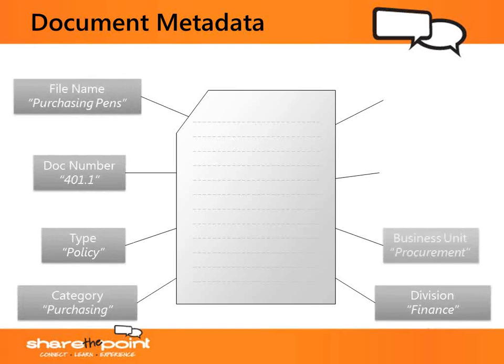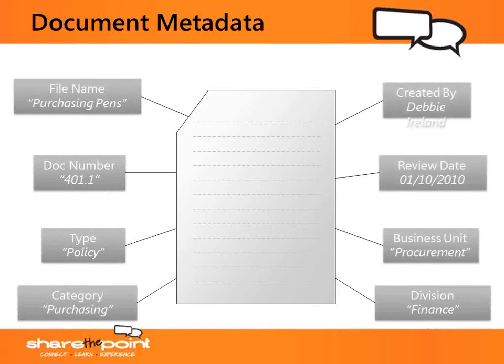So the document metadata is something that, if you've worked within Word, you have, and you go to File Properties, you can see specific metadata that's been entered about a document, like the date that it was created, the person who created it, and stuff that the system actually creates. What you can do within SharePoint is you can add more metadata about a document. So in the example that I've got up here, you might have the file name, you also might have a document number, a type of policy, the business unit being procurement, and the review date.